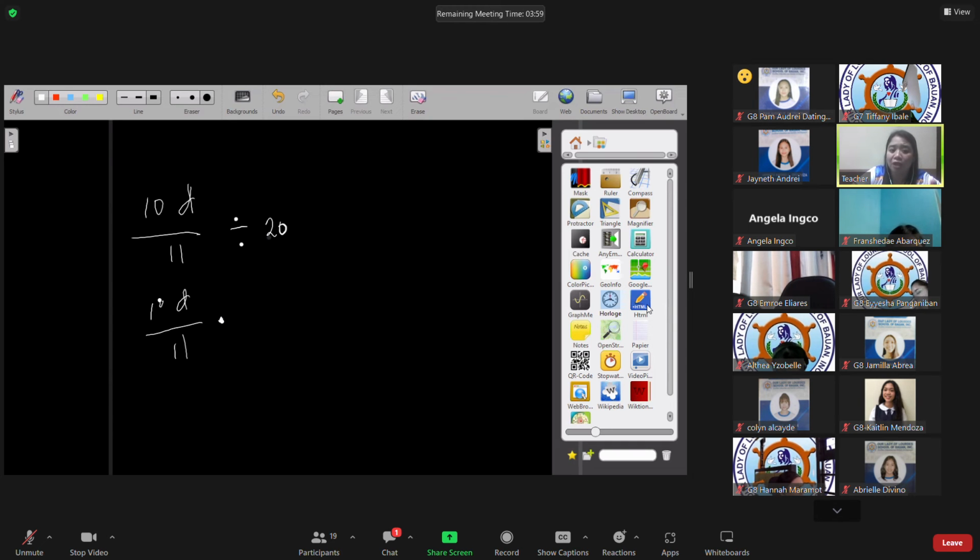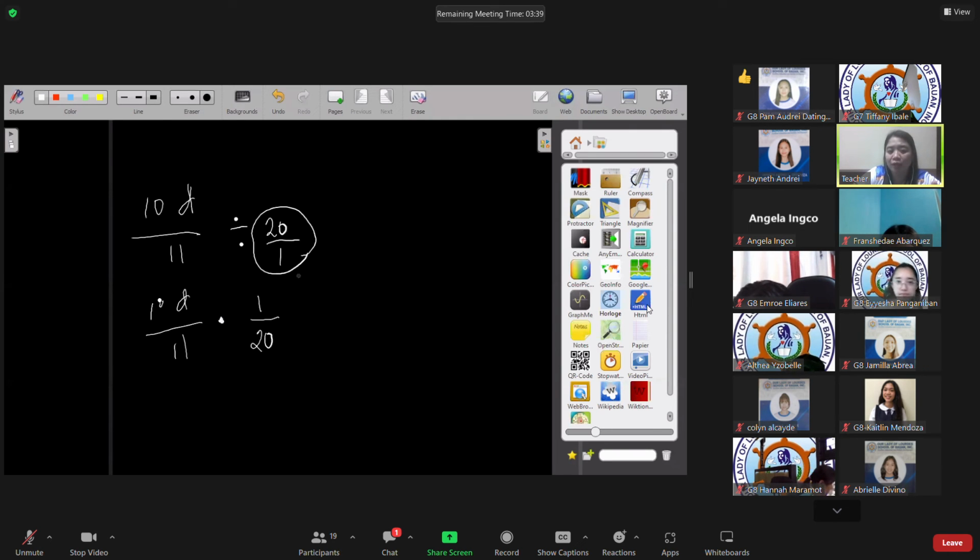So we have here, since this is 20, this is also equivalent to 20 over 1. So ang ating magiging second factor is 1 over 20. Babalik na rin natin, sabi namin pag-flip.